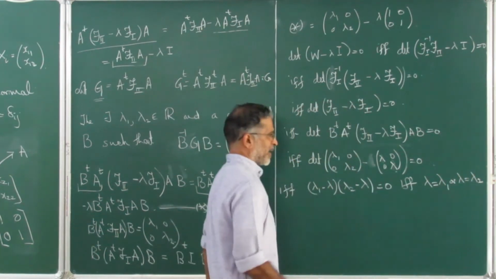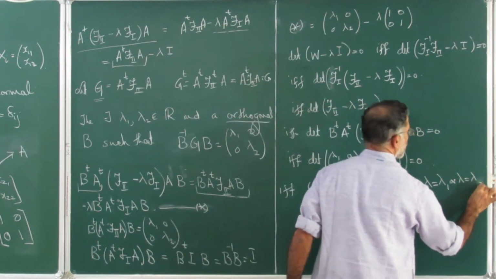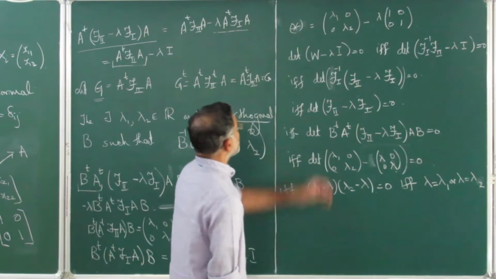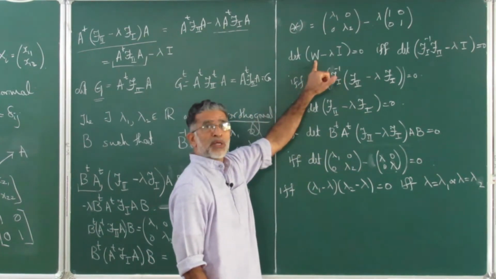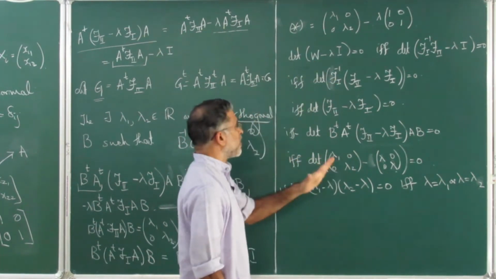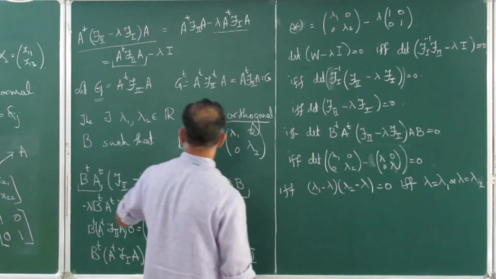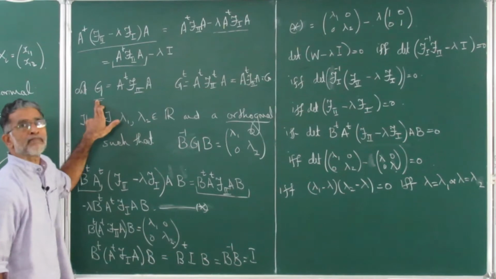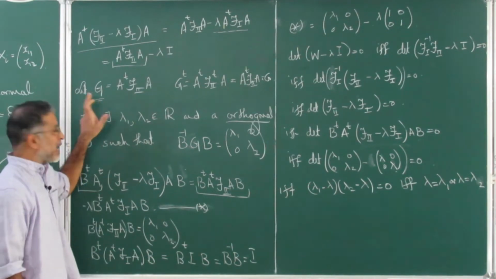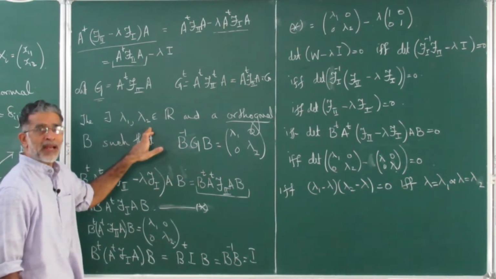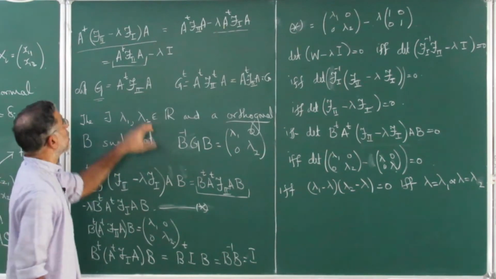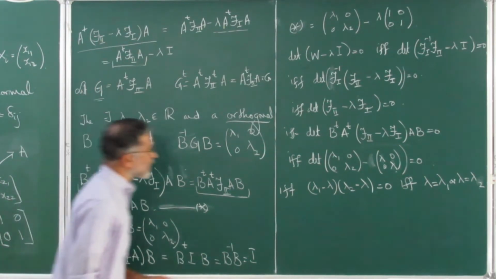So what have we established? Lambda is an eigenvalue of W if and only if it is an eigenvalue of G, and the eigenvalues of G are real. Therefore, the eigenvalues of W are real.